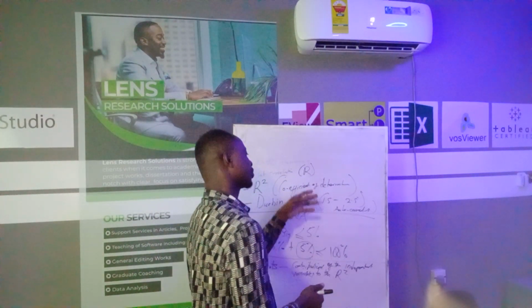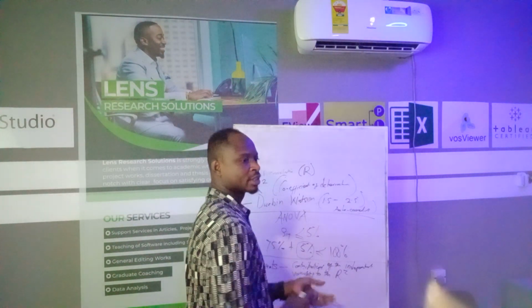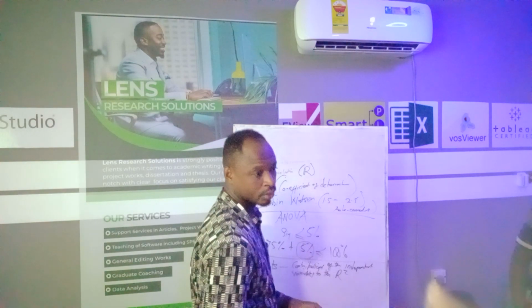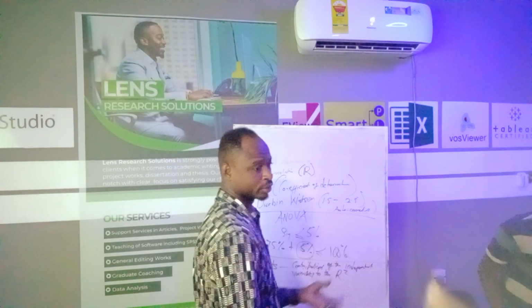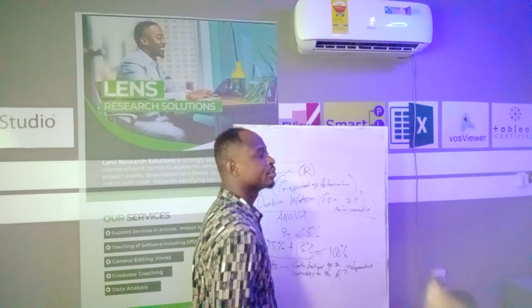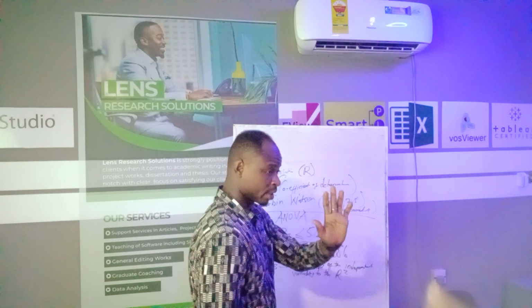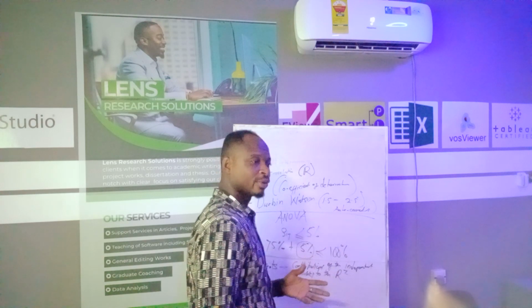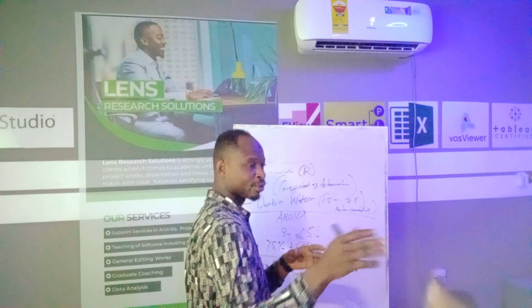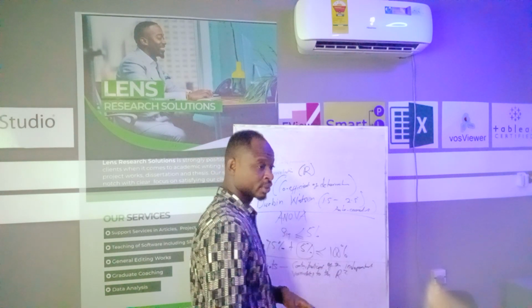So given the R square that we have obtained, how much did predictor 1 contribute? How much did predictors 2, 3, 4, 5 contribute? It will help us to know the individual contributions of the predictors, and therefore, at the end, we can advise as to which of them we have to focus on, which of them we have to drop, and all those things.